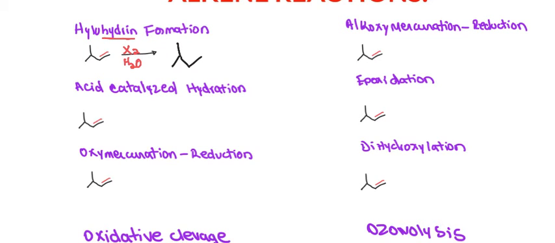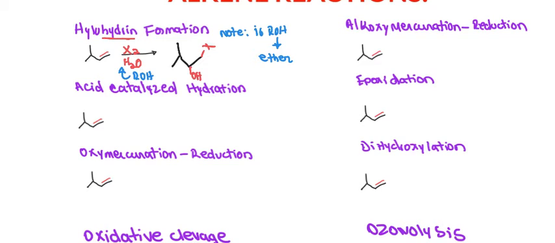You're going to break the double bond, add OH to the most stable position, and add 1 halogen, either chlorine or bromine, to your least stable position. As a side note, if instead of water you have an alcohol, ROH, then your product will be an ether.